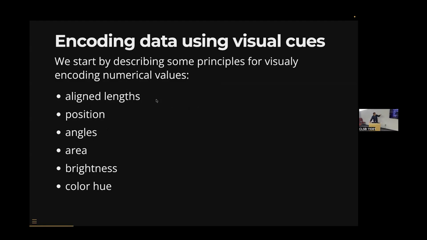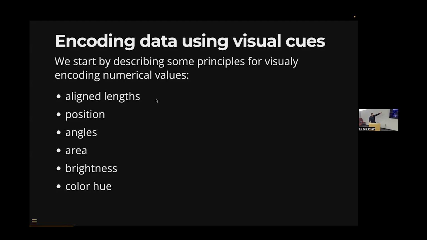And this is ordered from best to worst in how well humans, and this comes from psychology studies, how well humans can translate the visual cue to a number. Right? That's key. You want to see the number in your head when you see the picture.